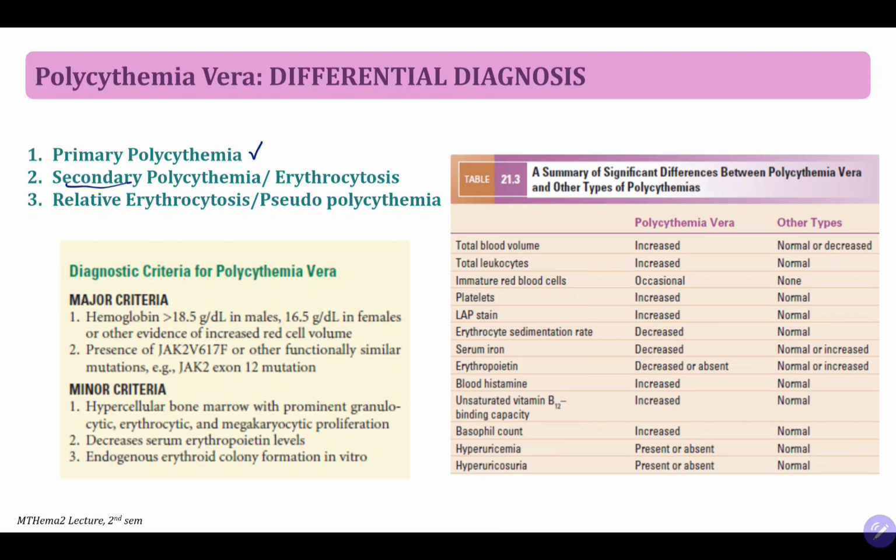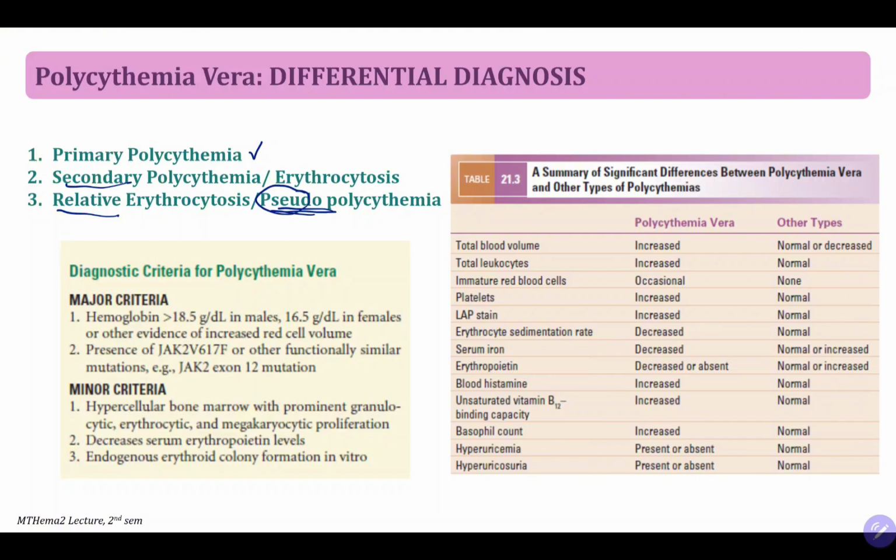Okay, we have the third one, which is your relative erythrocytosis. From the name itself, relative. That's why it's also known as your pseudo polycythemia. So pseudo means fake. So it would just look like na meron siyang increased number of red cells.